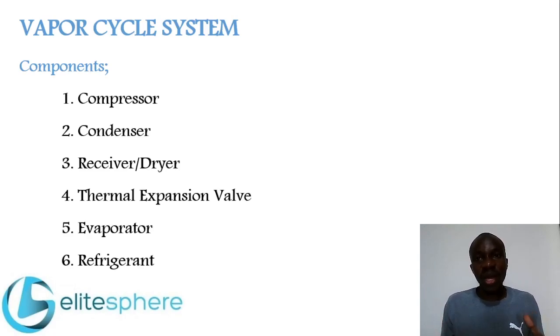So this is where the cooling of the cabin takes place, because the heat that comes from the cabin is passed across the evaporator, and as the refrigerant inside the evaporator gets this heat, it evaporates into gas. And this gas goes back to where we started, the compressor, where it is compressed, increasing the heat and the pressure of the refrigerant. So that is how the components of a vapor cycle cooling system work.